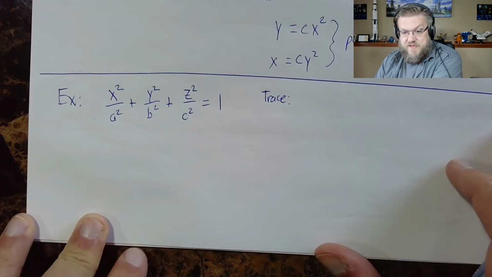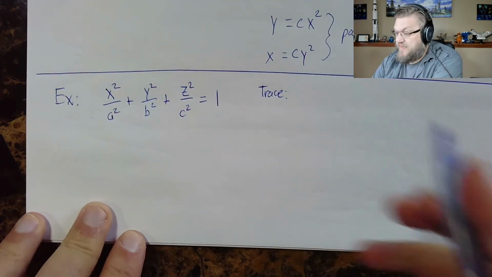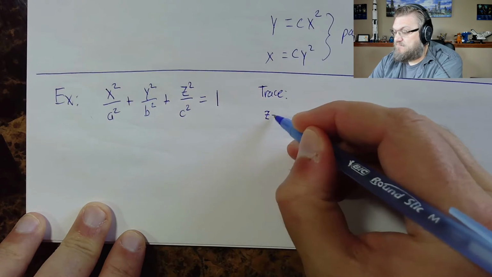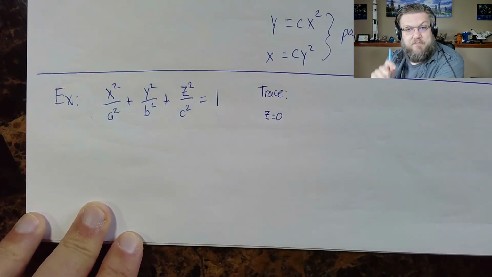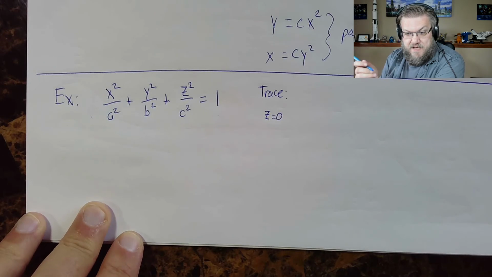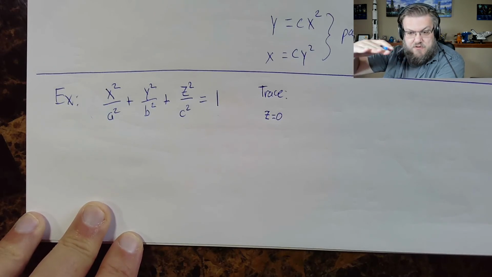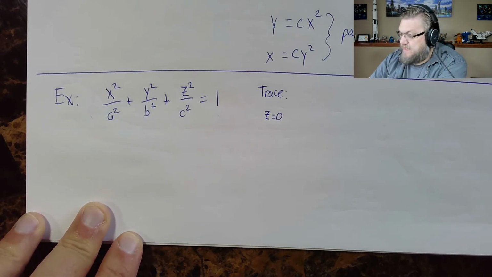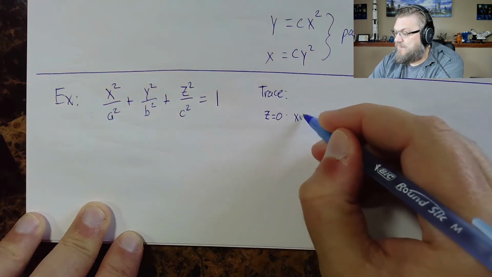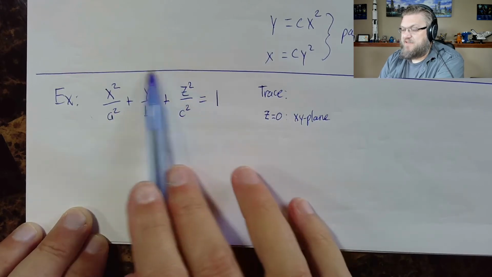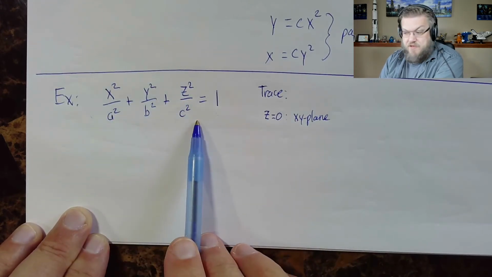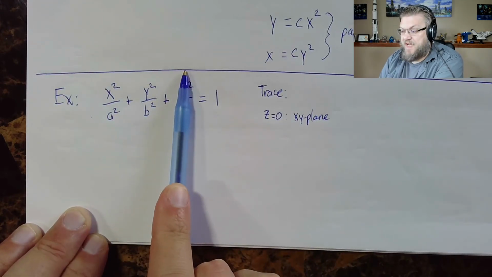Okay, so suppose for a second here that z equals 0. Okay, if z equals 0, what plane am I in? Well, if z is 0, I am in the xy plane, right? Now think about what this boils down to when z is 0. When z is 0, look what sort of shape I get.